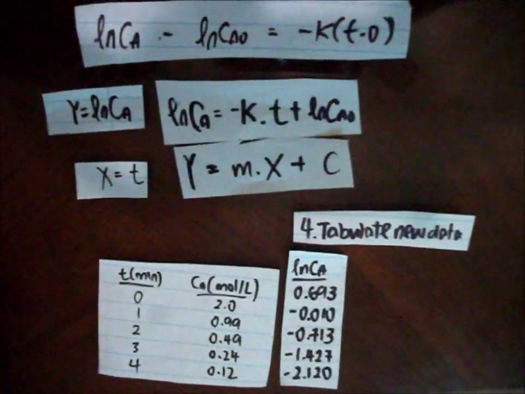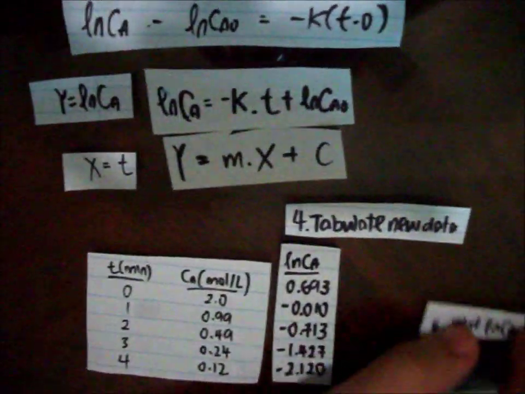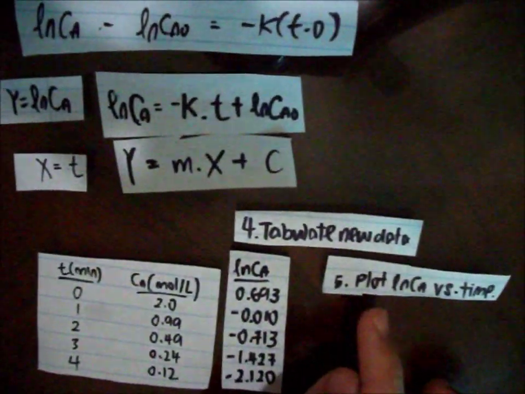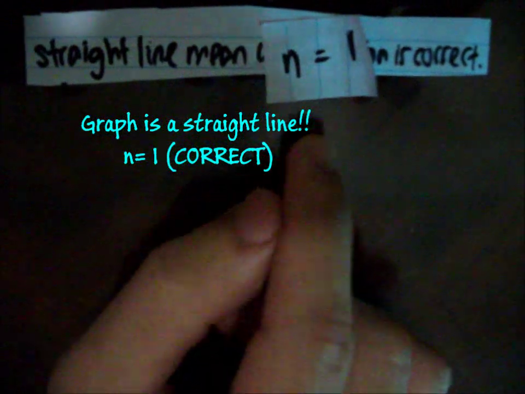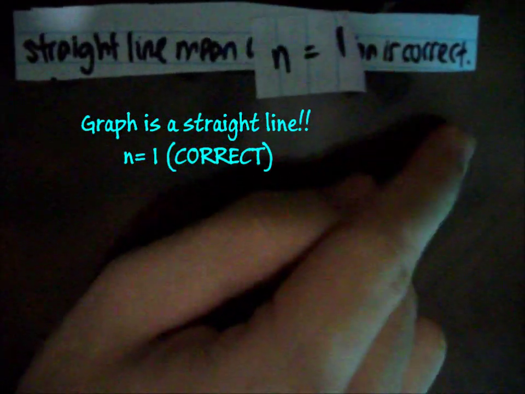Now that we have this data, we can proceed to plot ln CA versus time. If the graph is a straight line, it means the assumption we made, that the overall order of reaction is equal to 1, is correct.